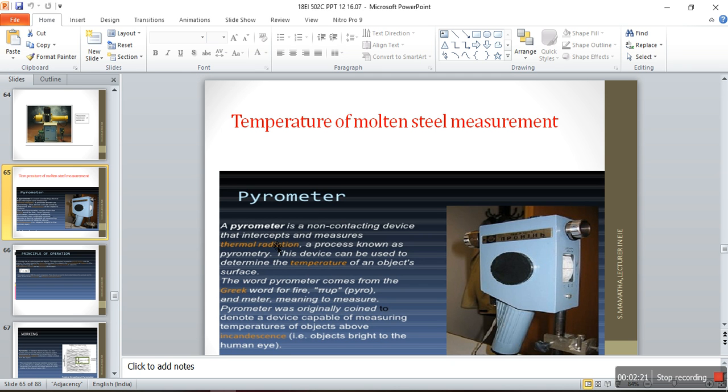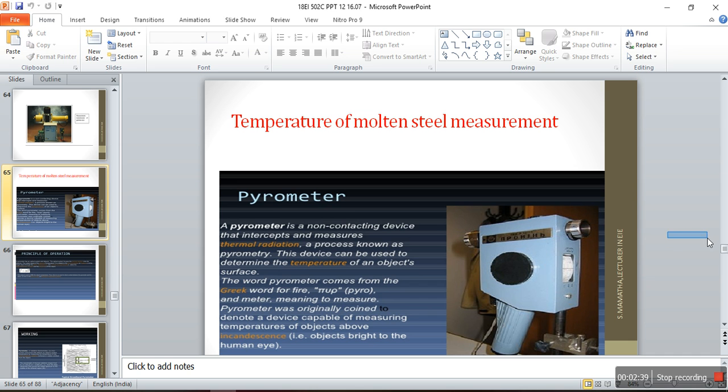Temperature is the main parameter to be measured and monitored in the iron and steel plant. Mainly, we will measure the temperature by using pyrometers. A pyrometer is a non-contacting device.